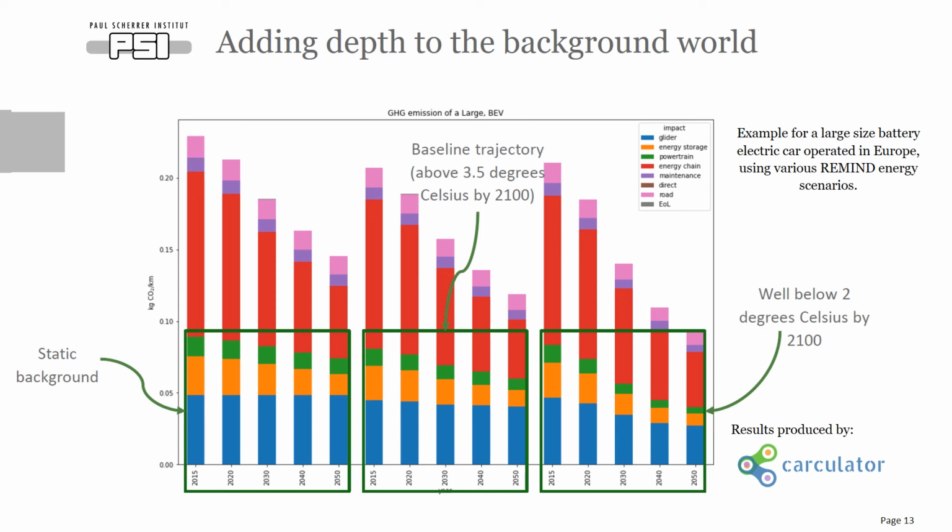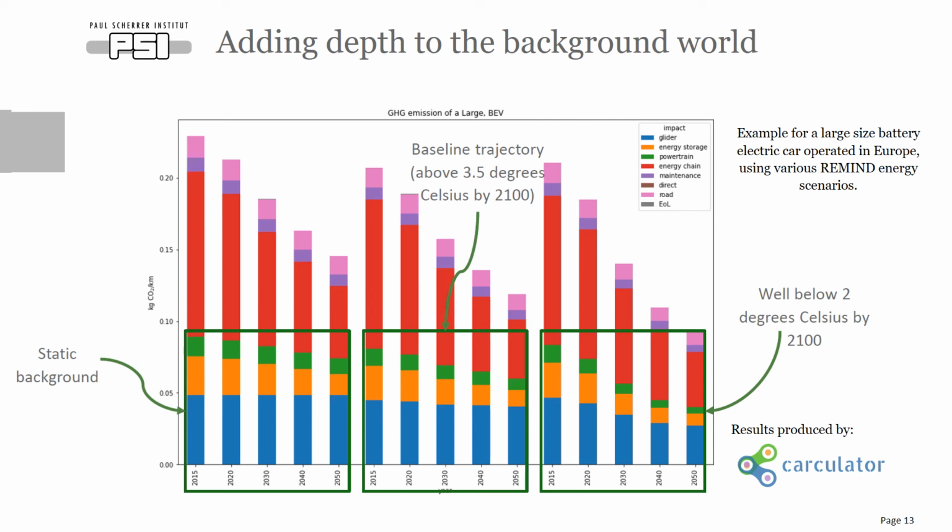between 2015 and 2050. You will see that those bars are divided into three segments. The bars on the left are LCA results, greenhouse gas emissions per kilometer, where the background database is static, meaning it is ecoinvent in its original form.